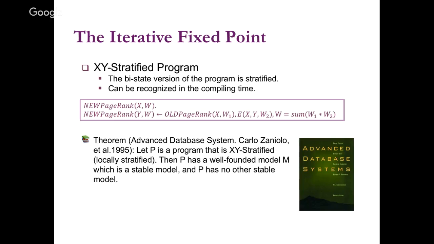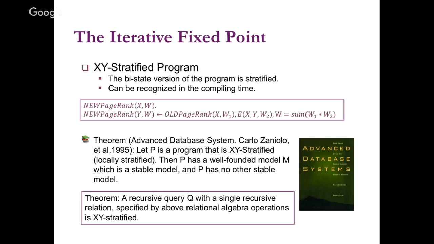In 1995, Zaniolo proved that an XY-stratified program is locally stratified, so that it has a unique stable model which equals the iterative fixed point. We further proved that our enhanced query with the four new operations added is XY-stratified, so that it inherits its semantics. This feature can be checked at compile time.